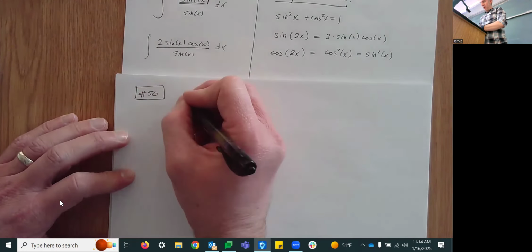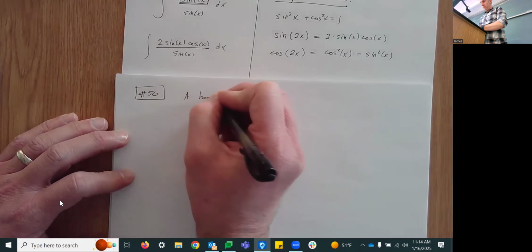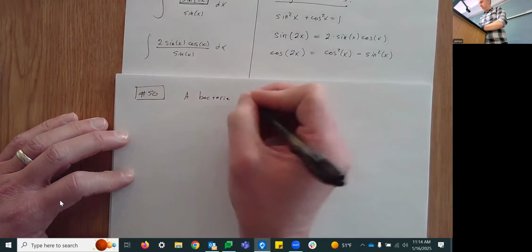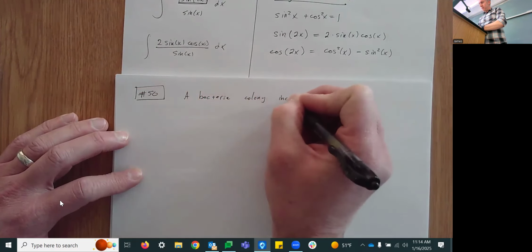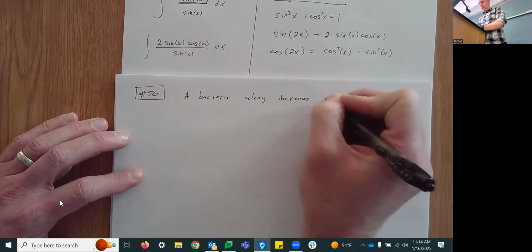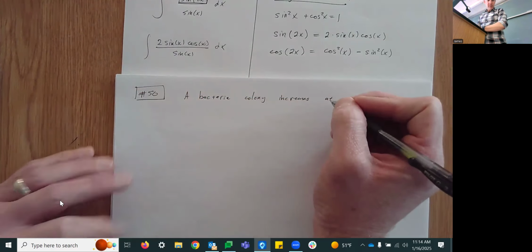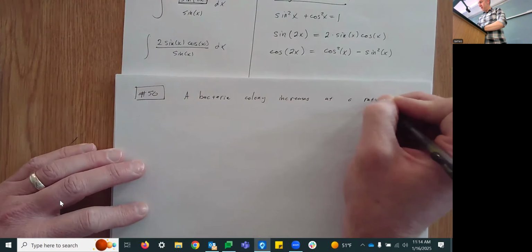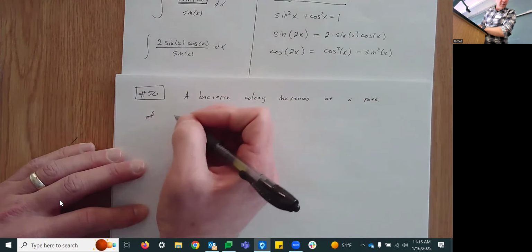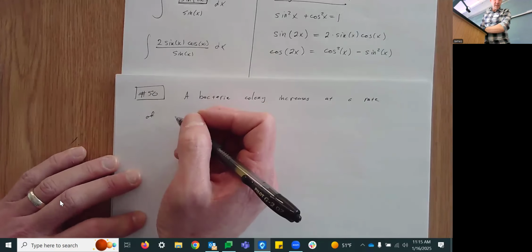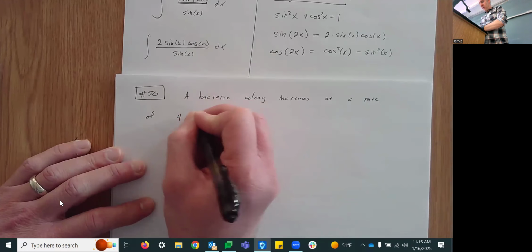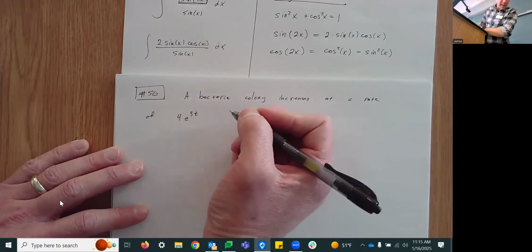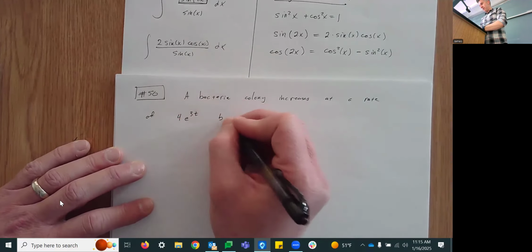So here's what we have: a bacterial culture, colony, whatever, increases at a rate of, I'm going to make these numbers suck less, 4 times e to the 3t bacteria per hour.